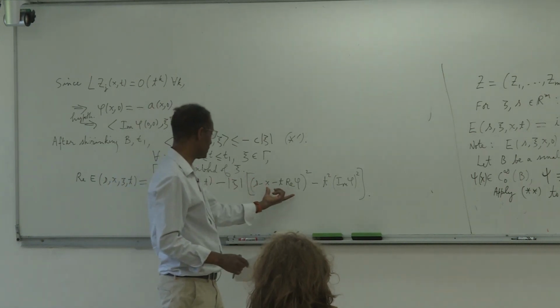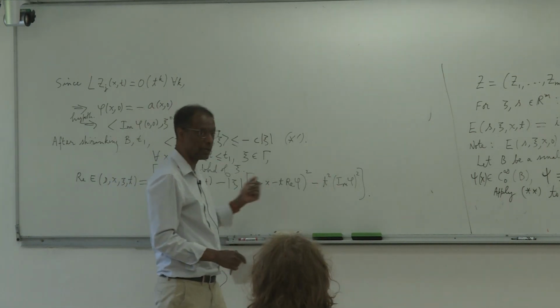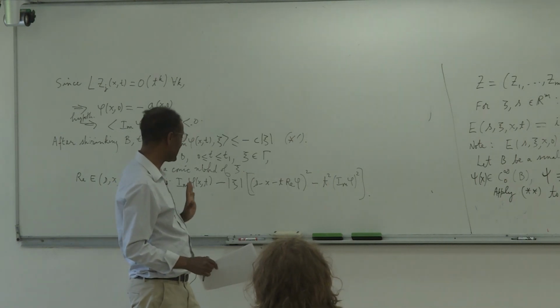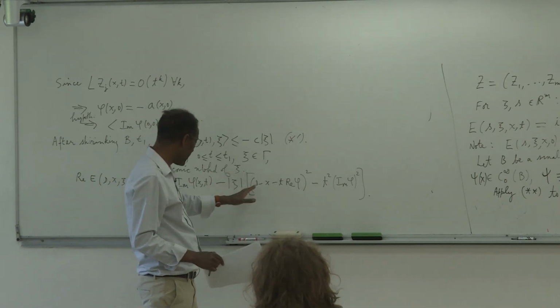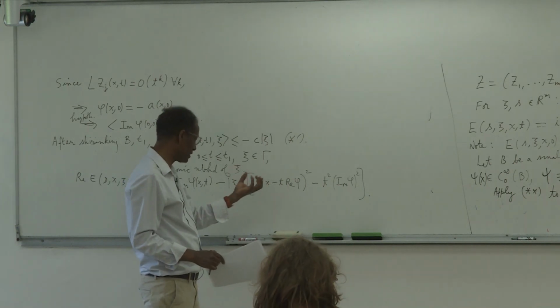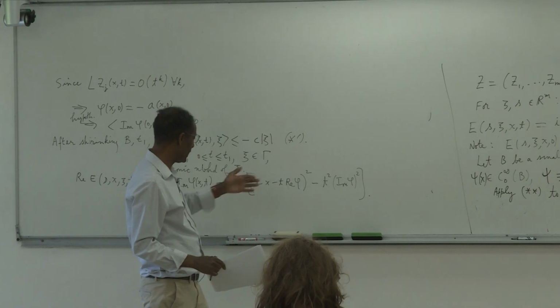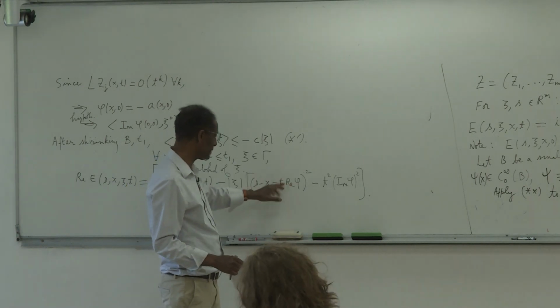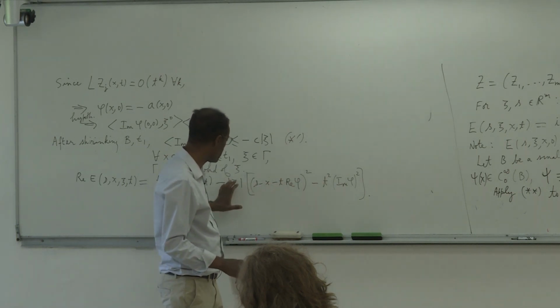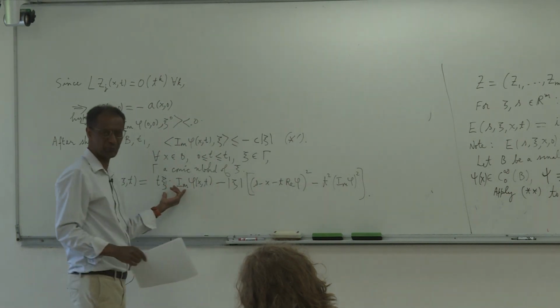And well, this part could be harmful, if this quantity is less than this, it could be harmful. But the thing is this: if I choose s very small, and x small, so shrink the ball B, then the t appears with a square, so it's going to be smaller than t, and here the t appears with a square, so this is going to be dominated by these parts.